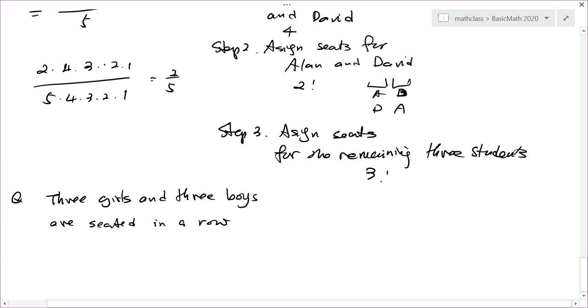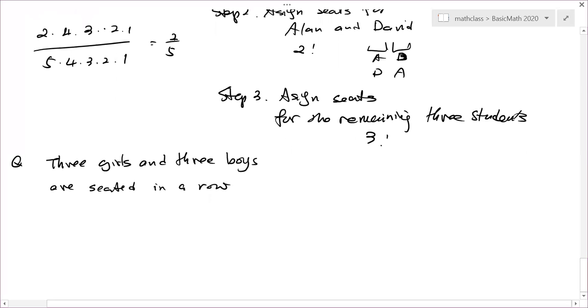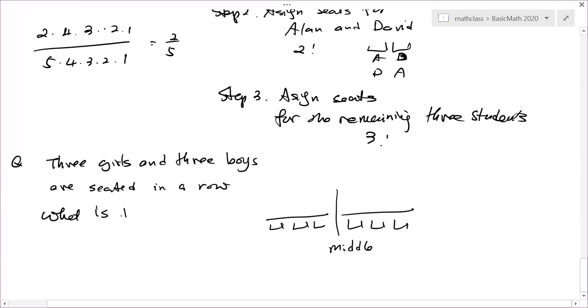What is the probability that the girls are on the same side? Okay, you have 2 sides here. This is the middle. I have 3 seats here, 3 seats. They're put in a row, but there's a middle in there. So what is the probability that the 3 girls are on the same side?